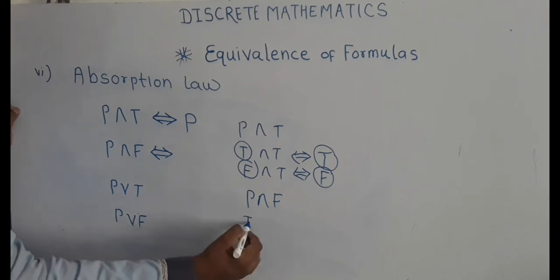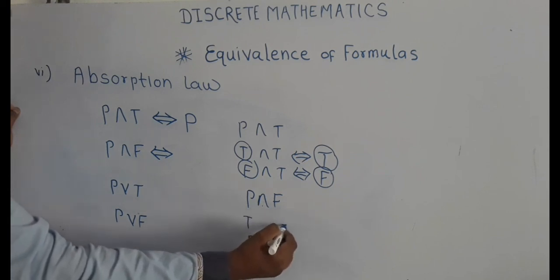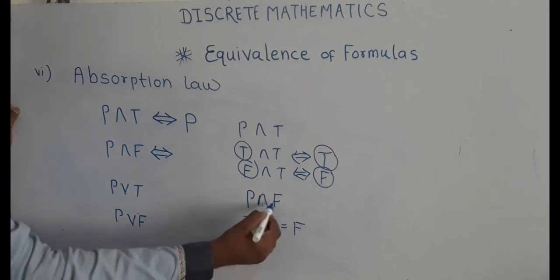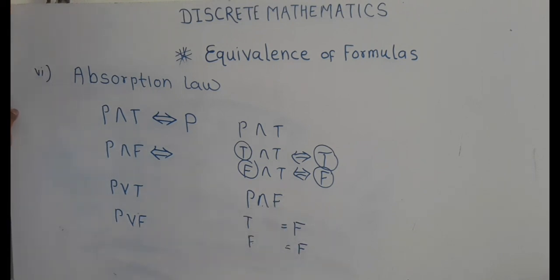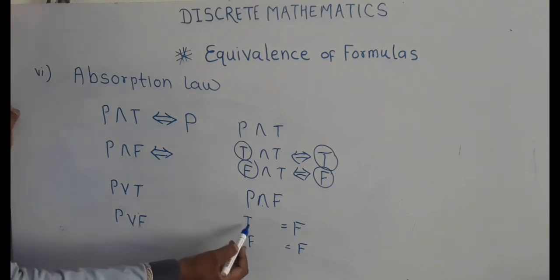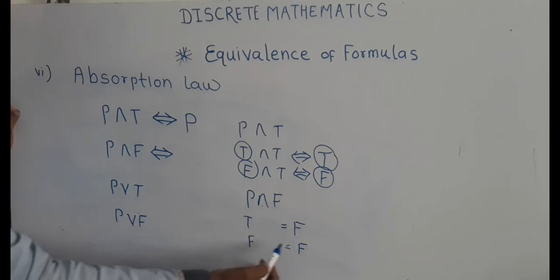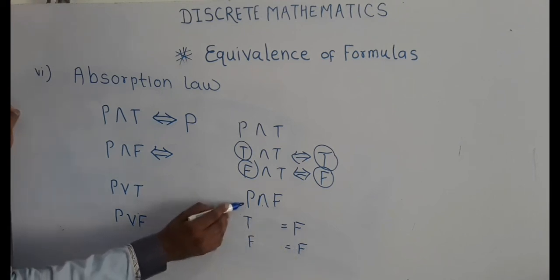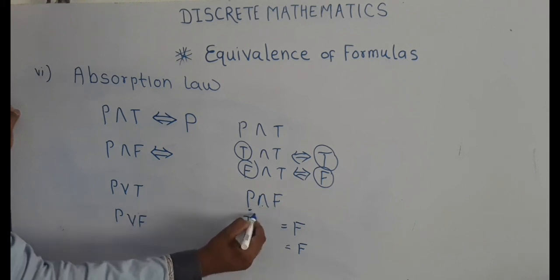If we have T and F, it will be F, and F and F will be F. Means here it doesn't matter what your P is. If P is T, your output is F. If P is F, then also your output is F. Means P and F does not depend on P.